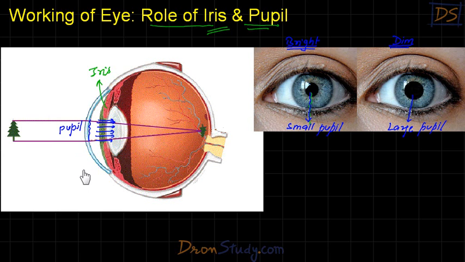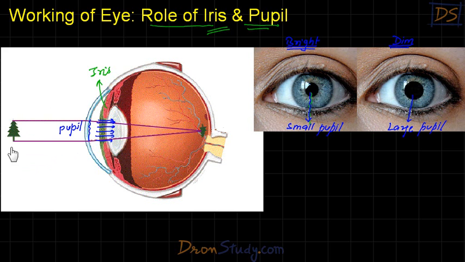So see what happens if we are sitting in bright light. There is a problem. Why is there a problem? If there is a lot of light outside, a lot of light can come inside the eye through this pupil.